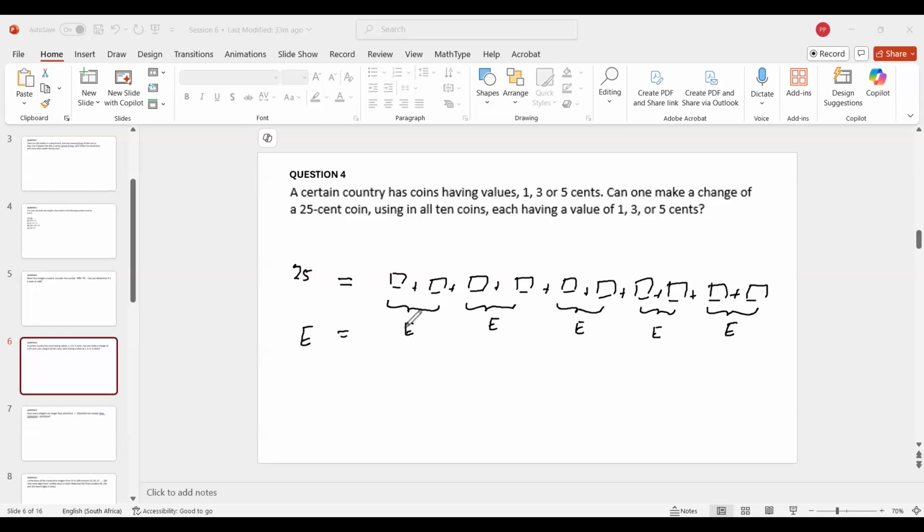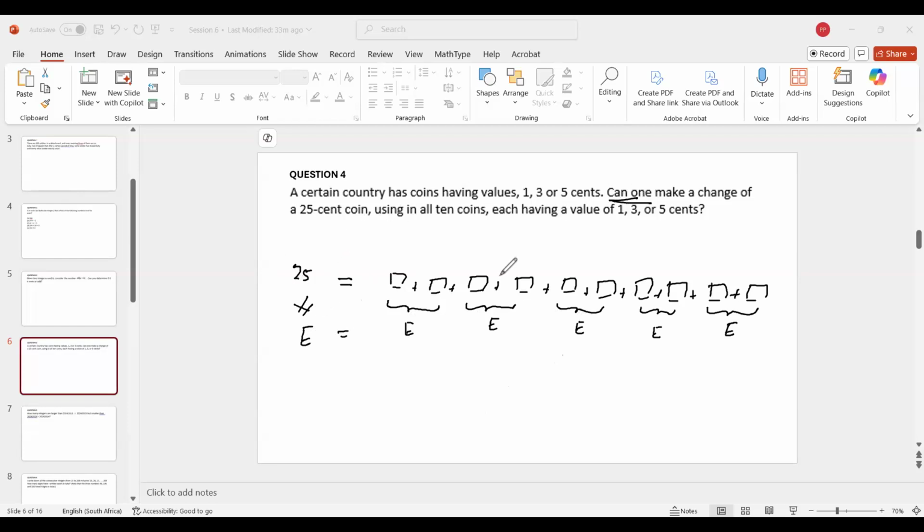When you add 5 even numbers, you're going to get even, and that can never be equal to 25. So with 10 coins like this, you always get an even sum because it's 5 pairs of odd coins. So the answer to that question is no.